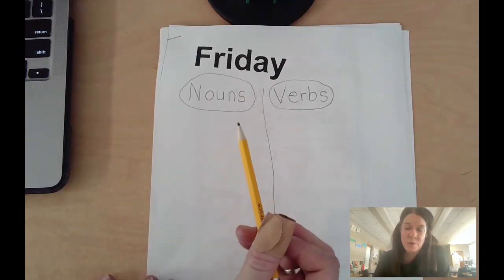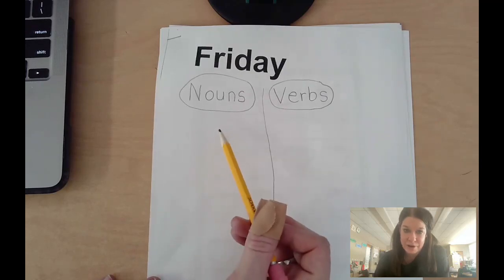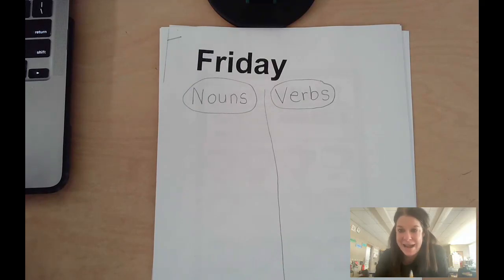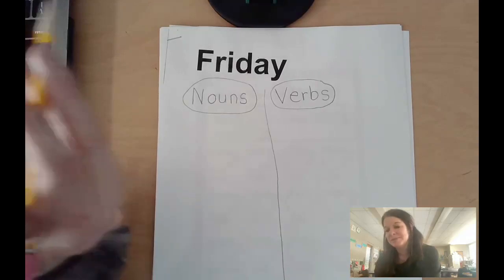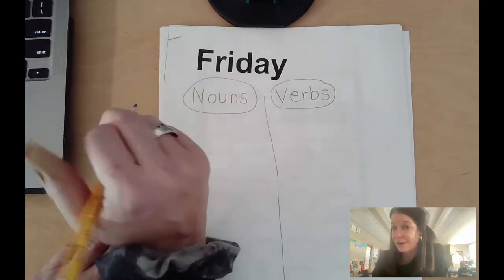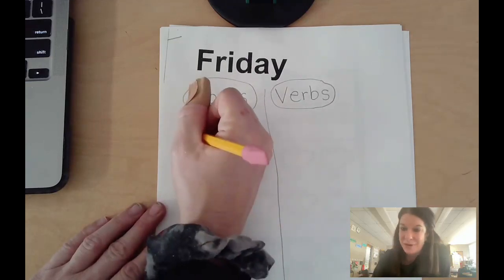So let's talk about what nouns are, okay? Think in your head, what is a noun? And if you have a grown-up there with you, you can share with them what it is to be a noun. I'm going to pretend I'm choosing someone with their hand up to tell me what a noun is.